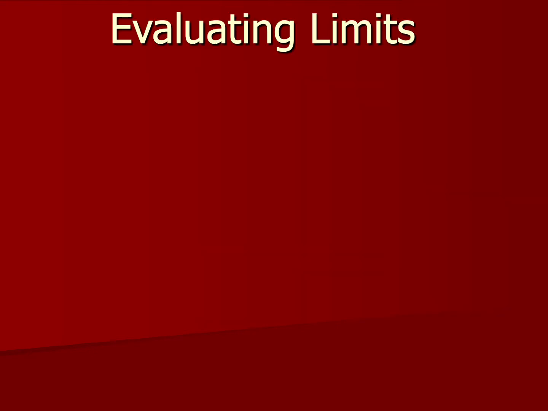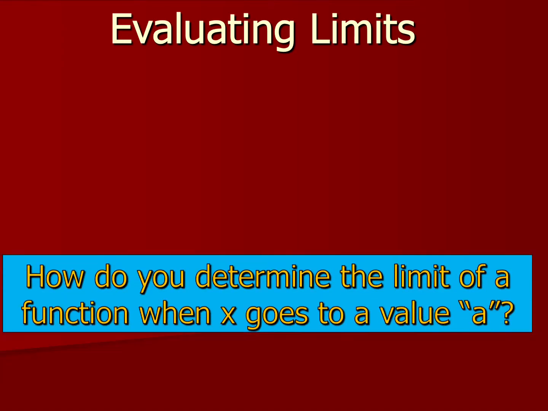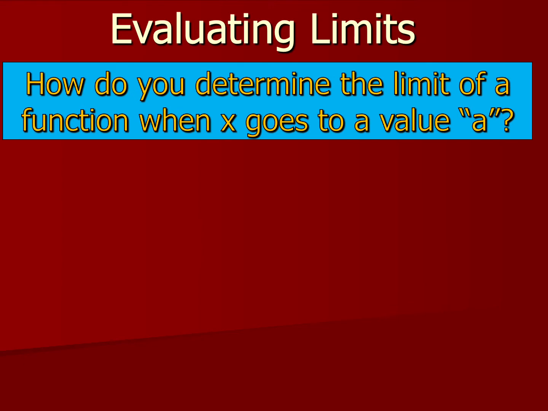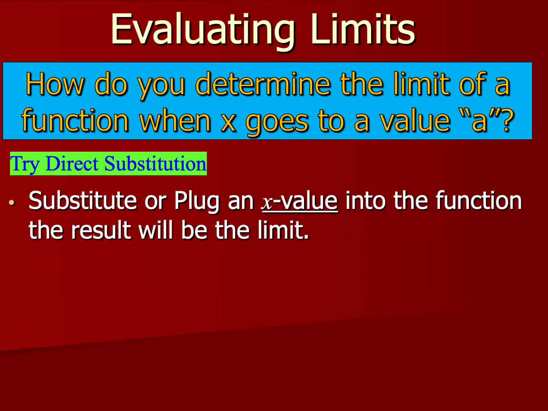Now let's go back to remind you about how to evaluate a function algebraically. If I want to find the limit when x goes to a value, we need only to try direct substitution, to replace x with the given value in the function. We plug the x value into the function, and the result will give me the limit.